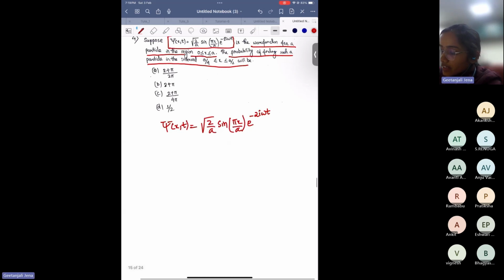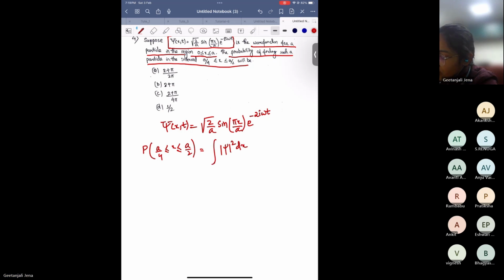So probability of finding the particle between a by 4 and a by 2 is nothing but the integral of psi square dx, and the limit will be in that region where they are asking the probability. So it will run from a by 4 to a by 2.